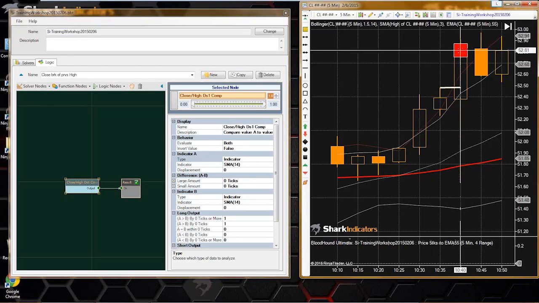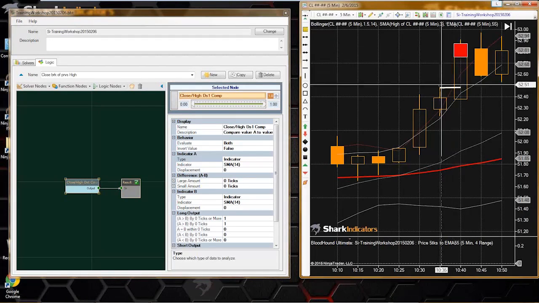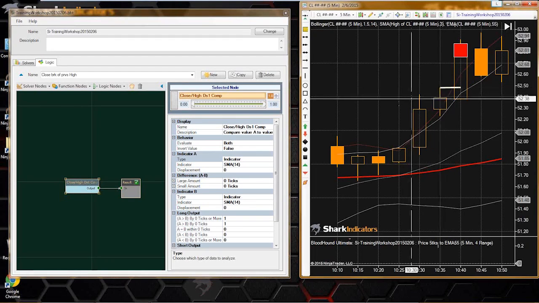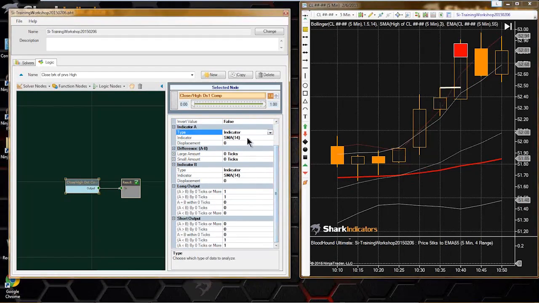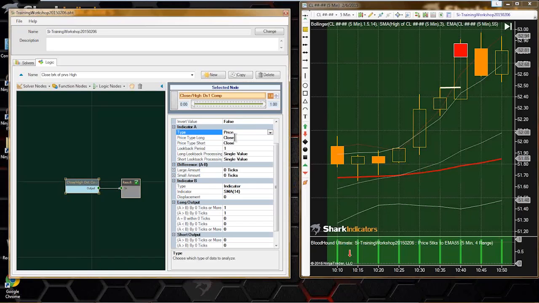Right, so we're going to be looking at our closing price of the current bar and comparing it to the high of the previous bar. All right, so let's change our type to price, and we're using the closing price for both long and short, so we can leave those both the same.